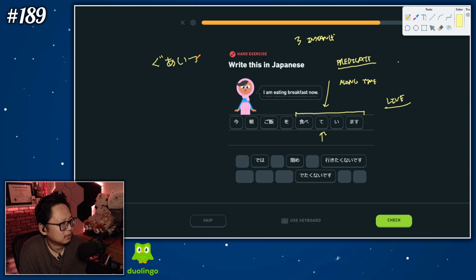It's hard to imagine the hiragana. Guess they wrote it this way.